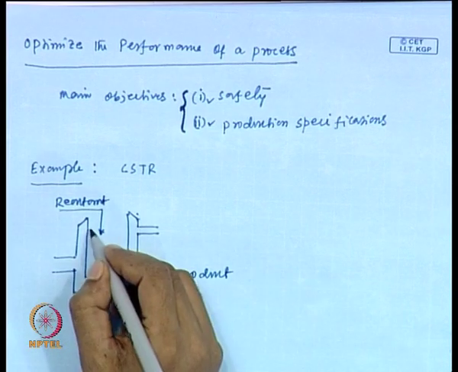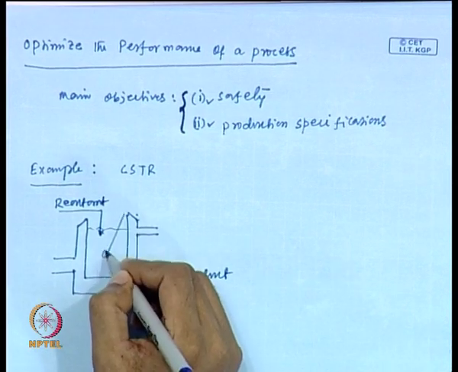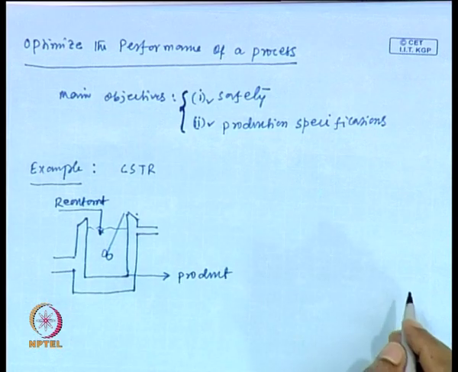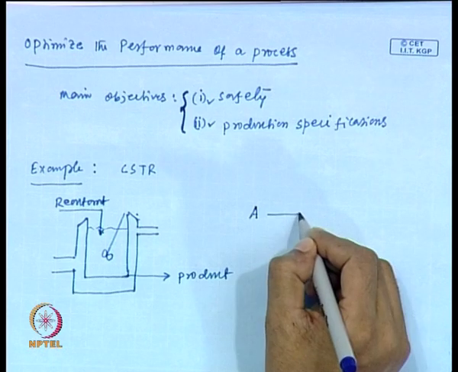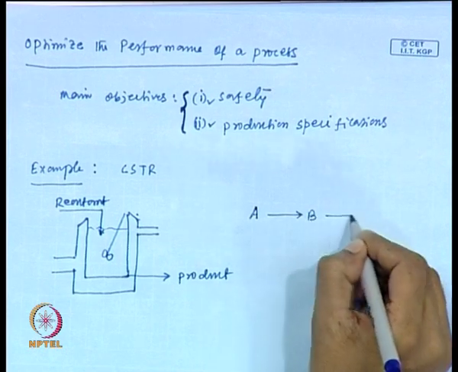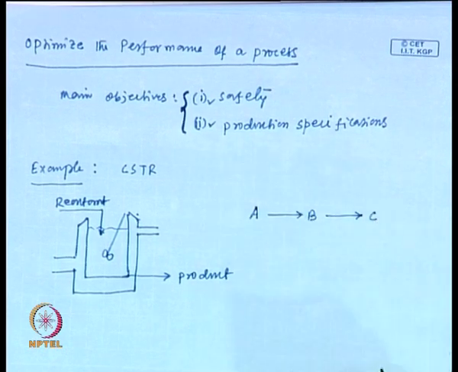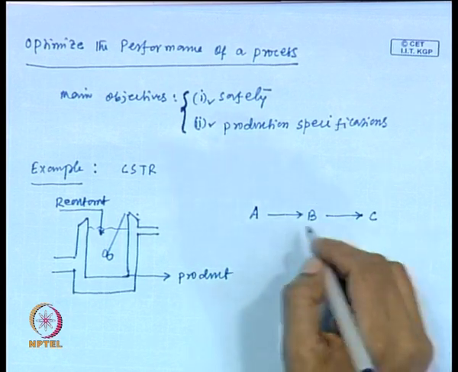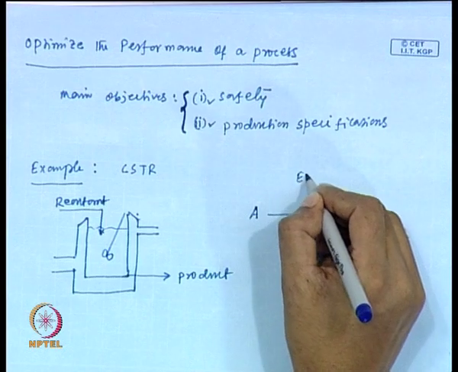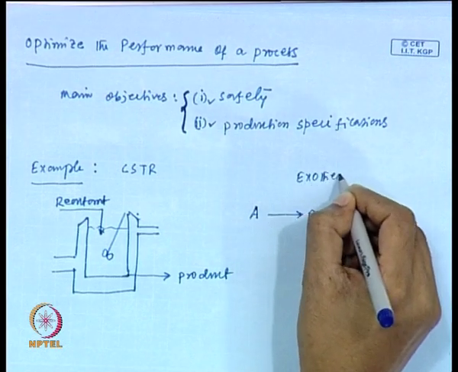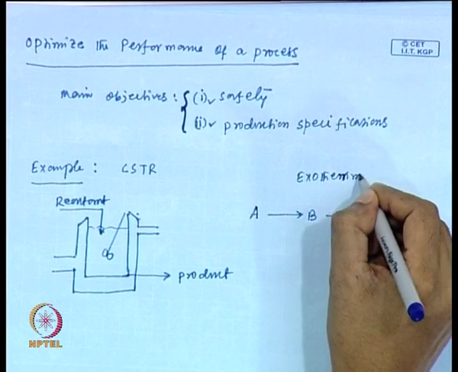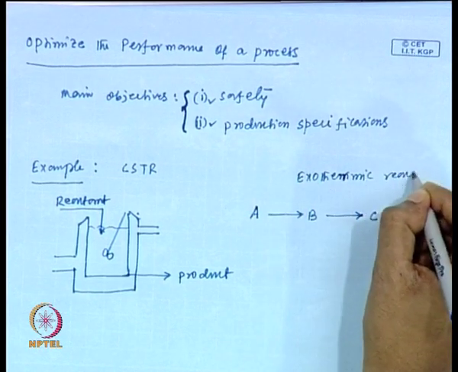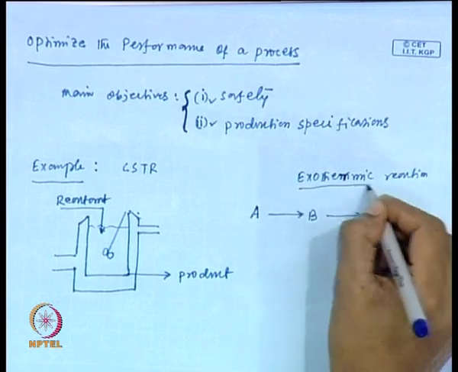Now, in this process, 2 consecutive exothermic reactions, A to B and then B to C, occur.